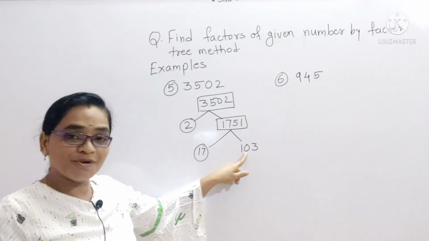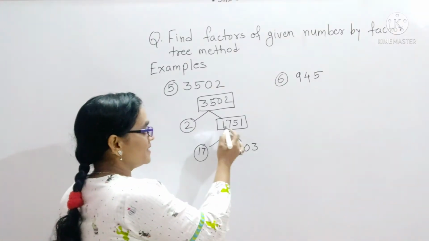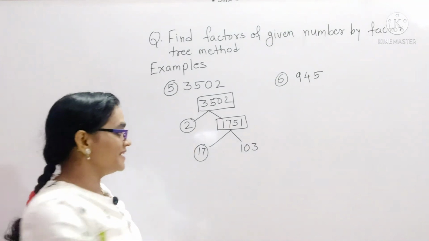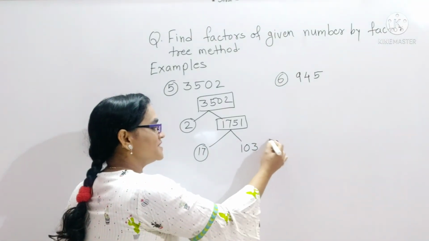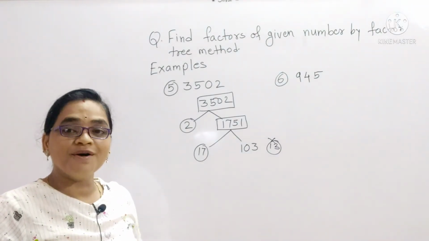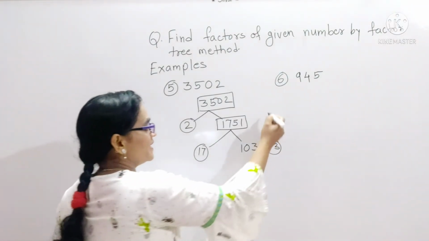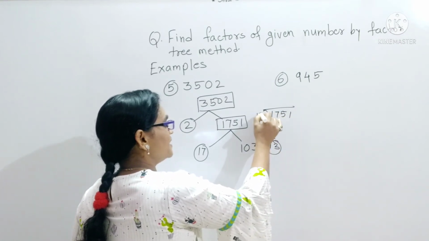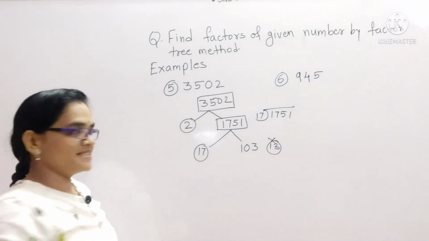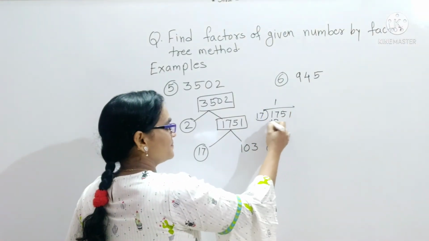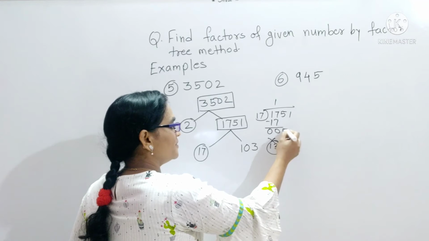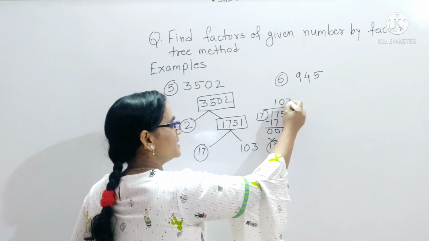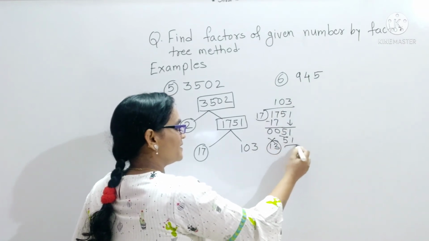Don't get confused. The 0 has to be written in the middle only. What you are doing is, 17 1s are 17 and 17 3s are 51, and you are writing 13 here instead of 103, which is wrong. So be careful, or if you have any doubt, you can carry out rough work and the actual division method. Okay, 17 1s are 17, 5 carried out, not possible, so 0, and then 1, 17 3s are 51.